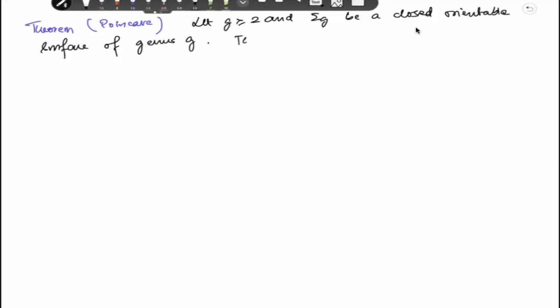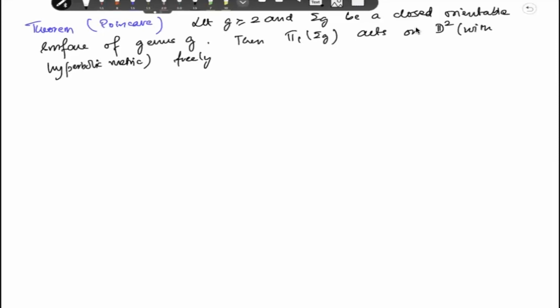Then pi 1 of sigma g acts on this unit disk with hyperbolic metric freely and properly discontinuously.